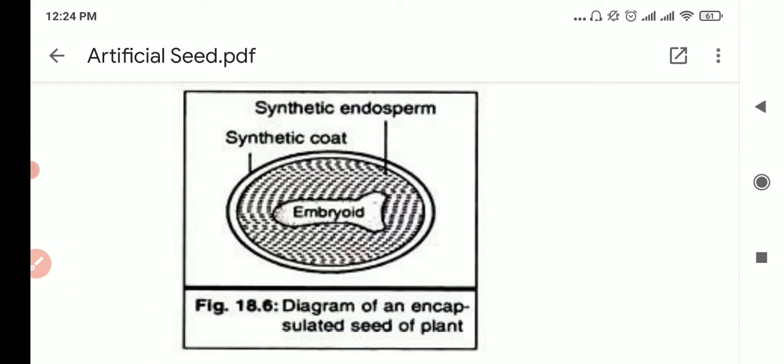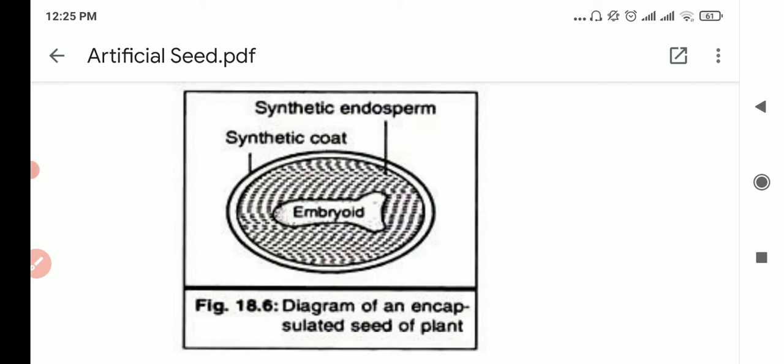Just like the natural endosperm, which we will be studying in the other paper, that gives the seed nutrition to survive when it's inside the seed coat, in the same way this artificial endosperm will provide the necessary nutrients to that artificial seed, that somatic embryo.